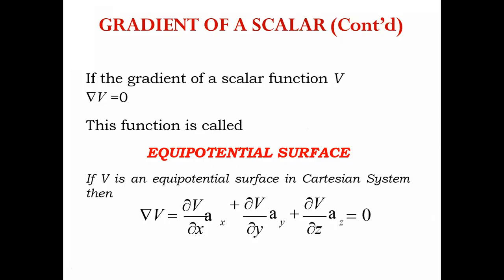What you will do is find its gradient, and if it comes to 0, then you will say that yes, it is an equipotential surface. So remember this: if the gradient of a function is 0, then the function is called an equipotential surface.